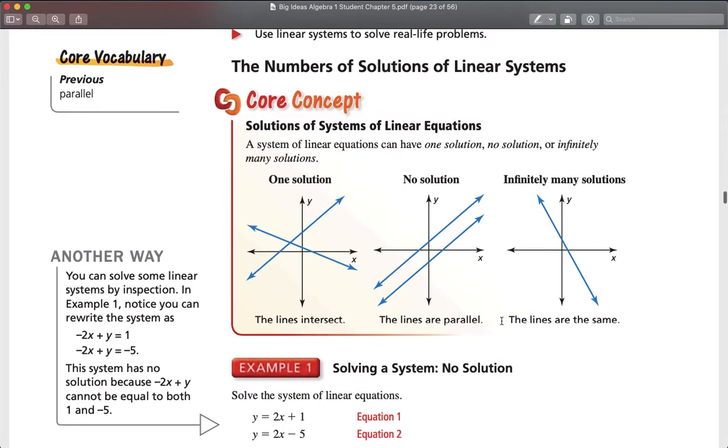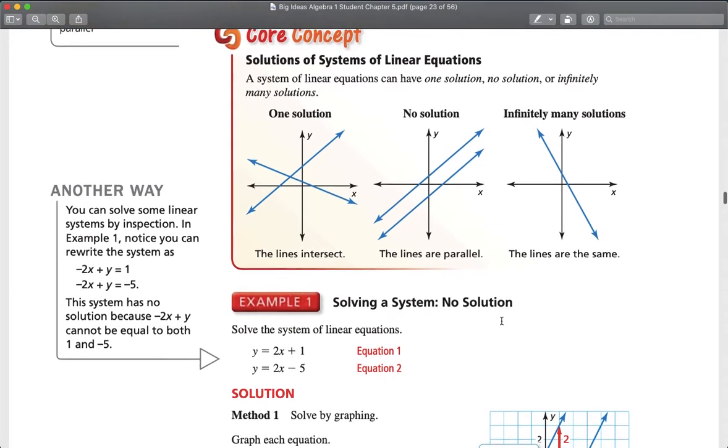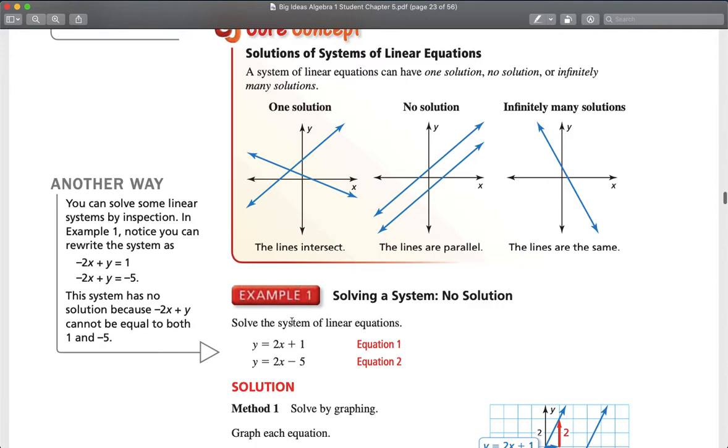So let's go ahead and dissect what an example of this may look like. Here we have an example of no solution. Now, why is this an example of no solution? Because, well, look at this system of linear equations. The slope is the same, right? So remember that when the slope is the same, then we have parallel lines, right? Now, what makes them parallel?